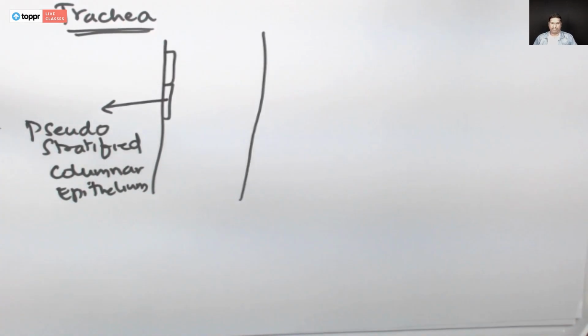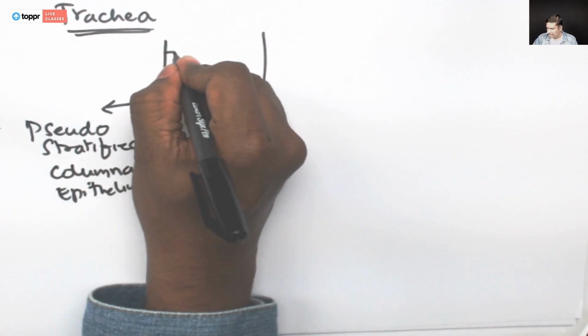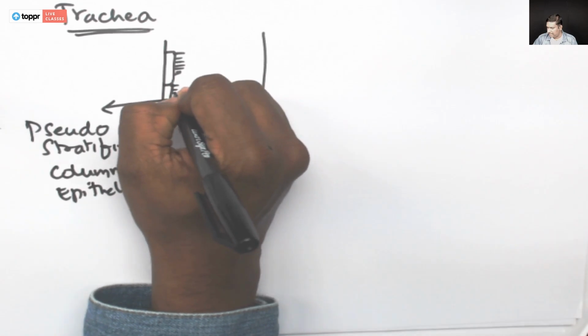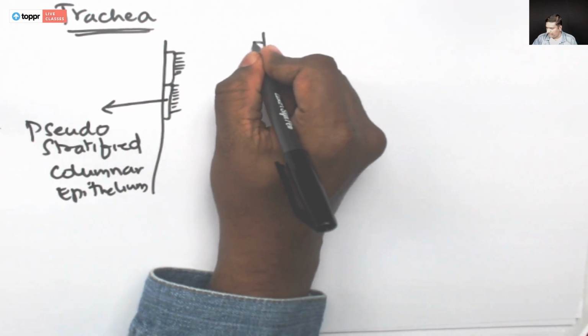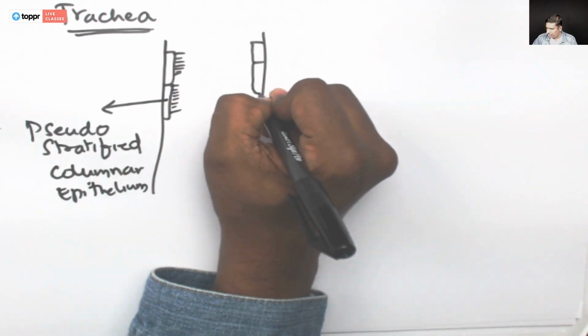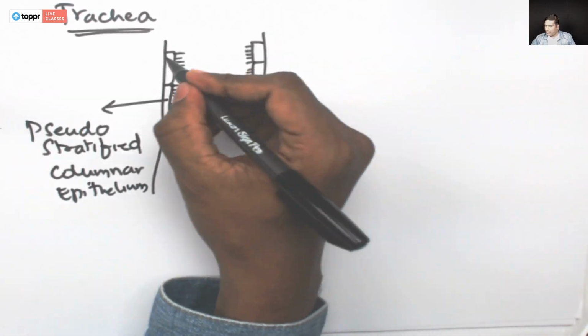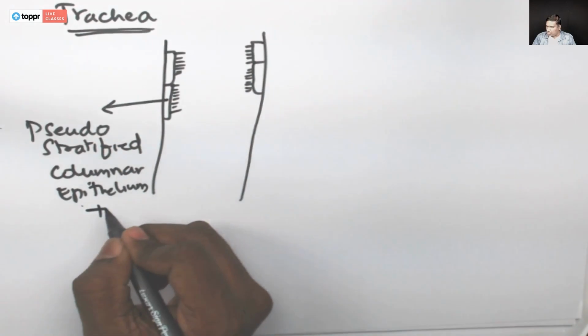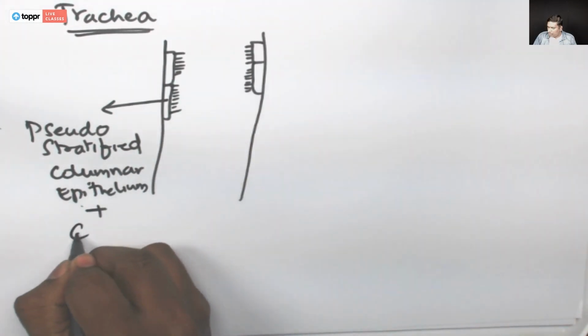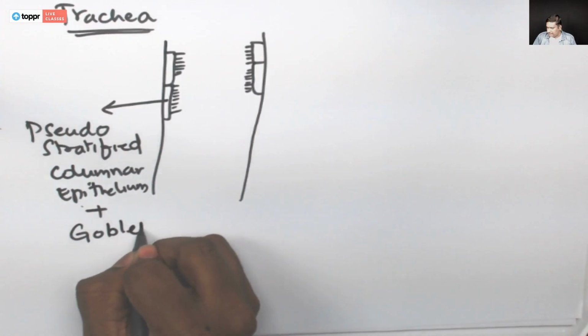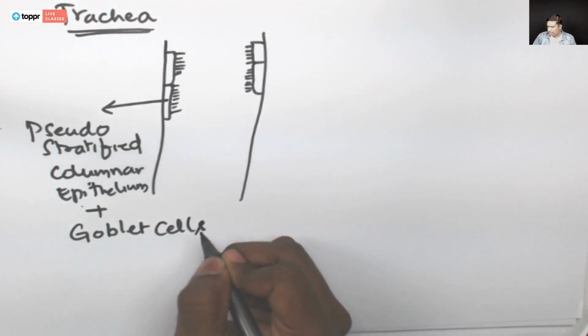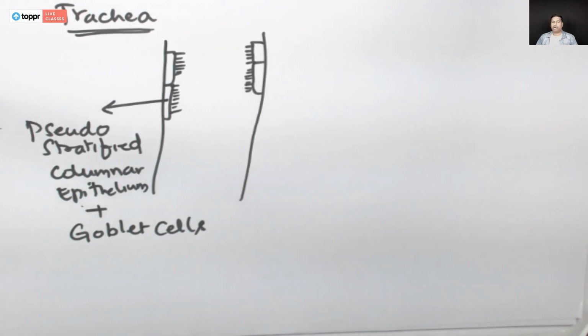They have several cilia like this. The entire trachea is covered with cells with many cilia, and in addition to these columnar epithelial cells, you will also find something called goblet cells.